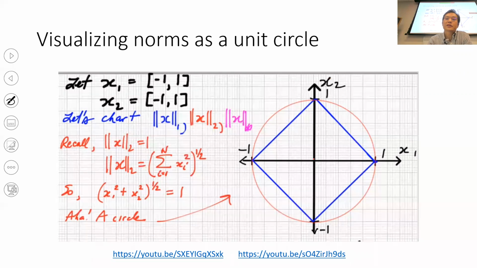By the way, all the points inside the circle or the square have L1 or L2 norm smaller than 1, and the points outside have L1 or L2 norm greater than 1.